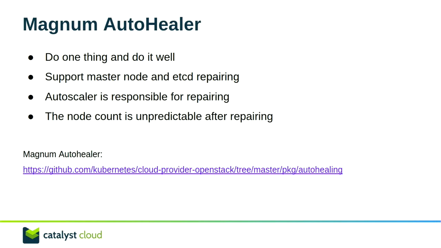So then we thought we probably need an auto-healer that does one thing and does it well. So we just created Magnum Autohealer. We want to run it in a Kubernetes cluster, and it can detect failures from the master, from etcd, and from the Kubernetes API server as well.